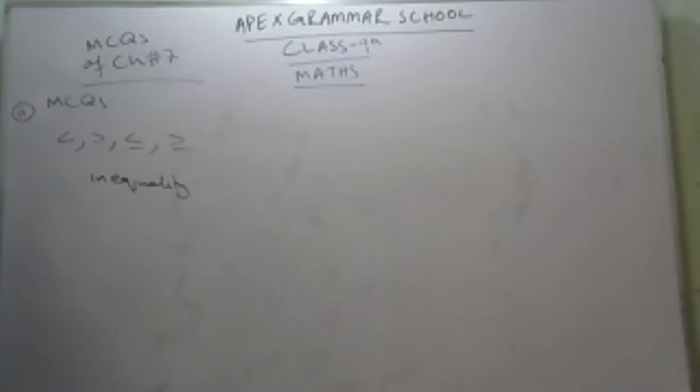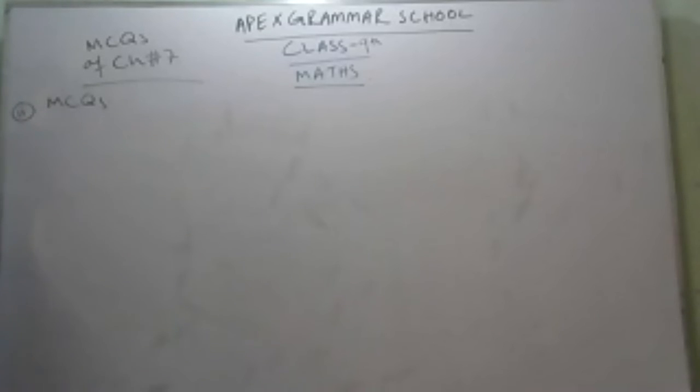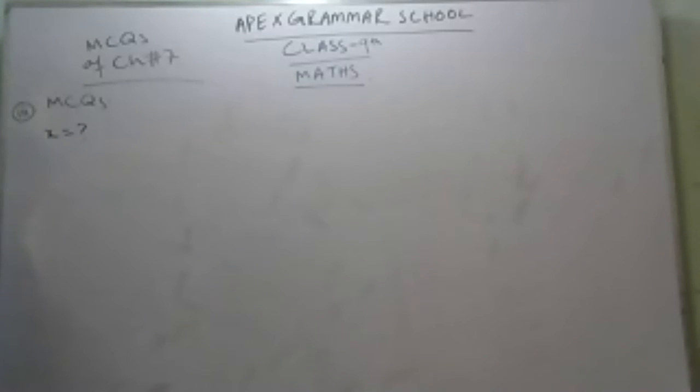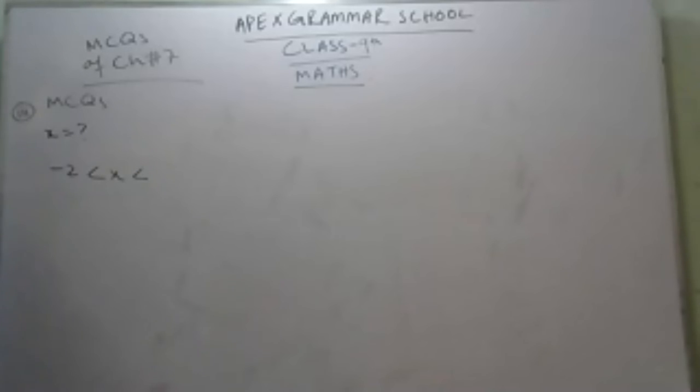Okay, part number 3 is: what will be the value of x? We have minus 2 less than x less than 3 by 2.